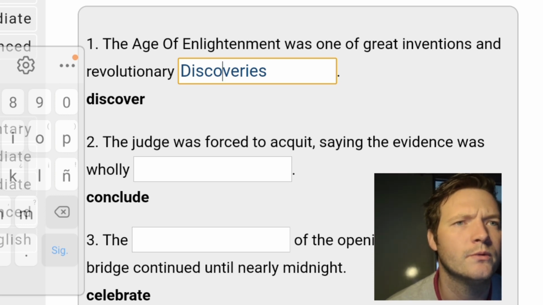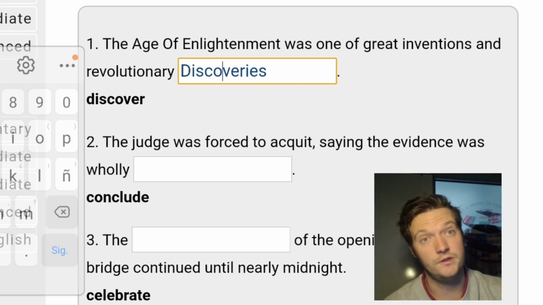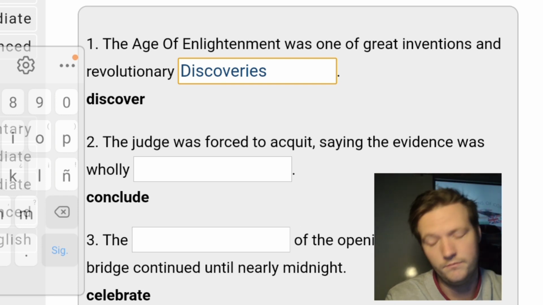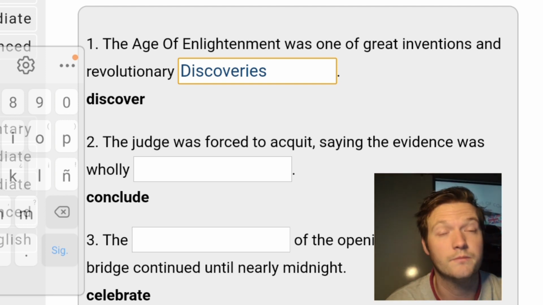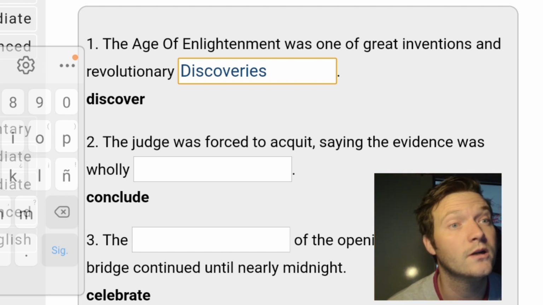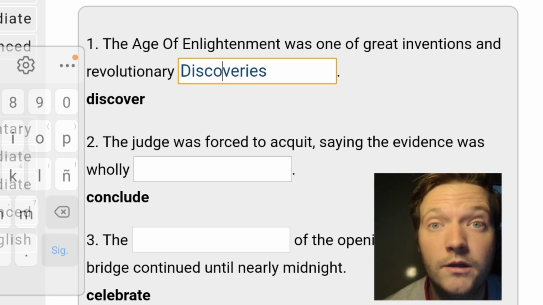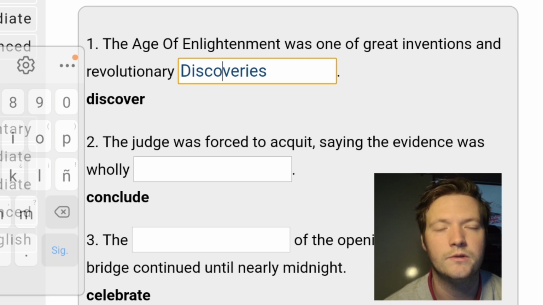The judge was forced to acquit, saying the evidence was wholly... Oh, now this is difficult. There's a bit of a trick here. I think some people would say conclusive, but if the judge was forced to acquit, it means that if he acquitted the accused, he didn't find him guilty.